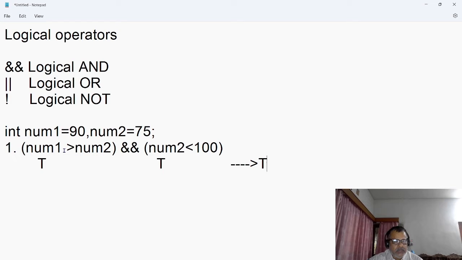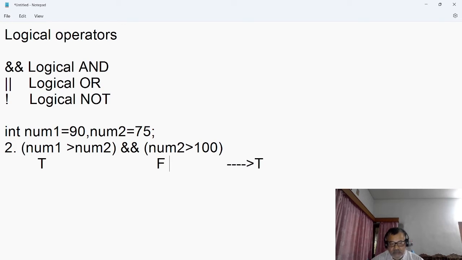Okay. Number 2. Now I want to change the same thing. This is the second one, and for num2 it is correct, but here I want to change it to greater than. What will be the effect? Now it is not true, it is false.